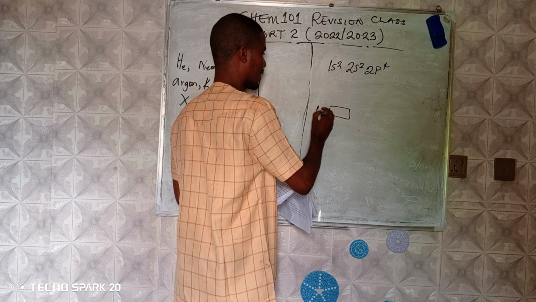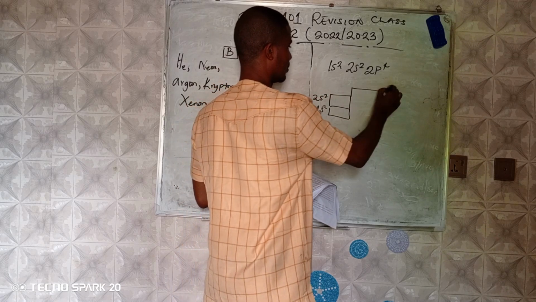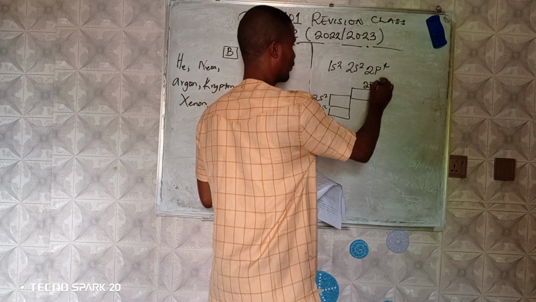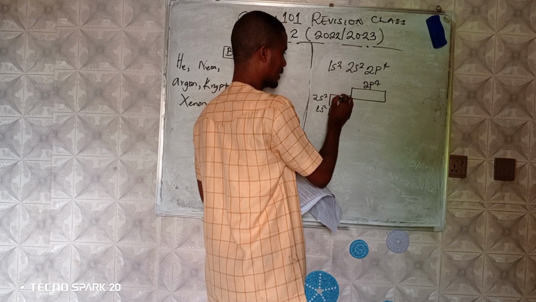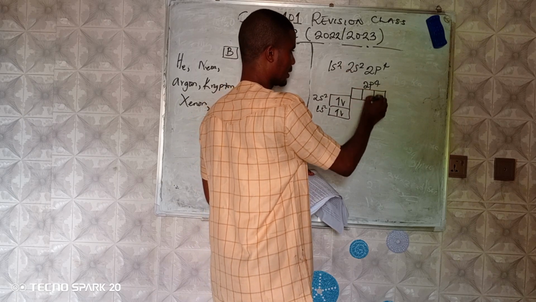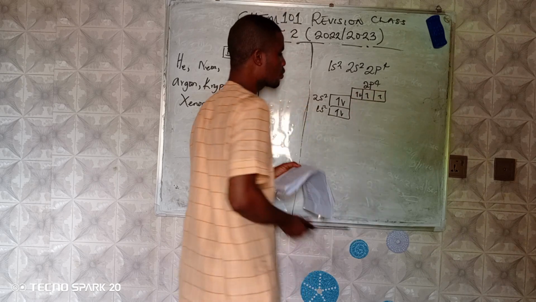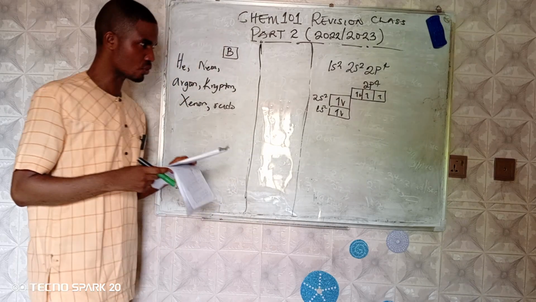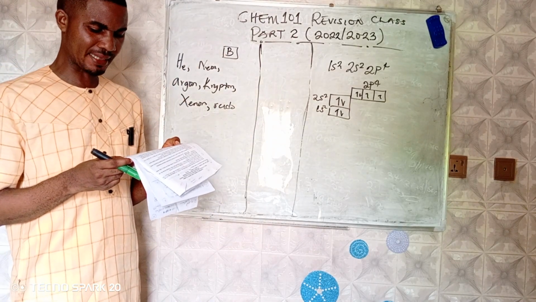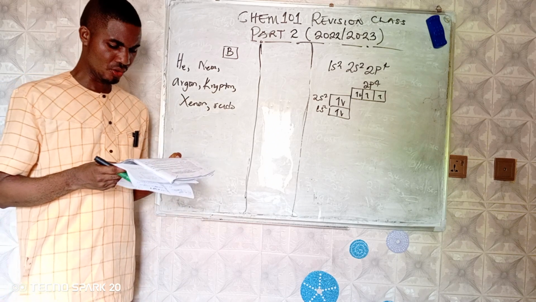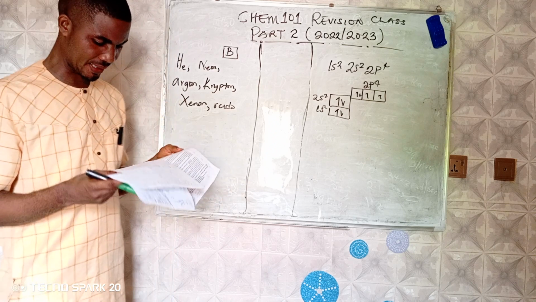If we are to draw it, 1s2 is completely filled, 2s2 is completely filled. The 2p has 4 electrons: 1, 2, 3, then 4. It has 2 unpaired electrons. So the element with this configuration has 2 unpaired electrons, option C. Question number 15, 2 unpaired electrons.